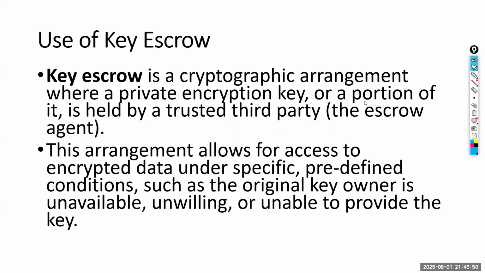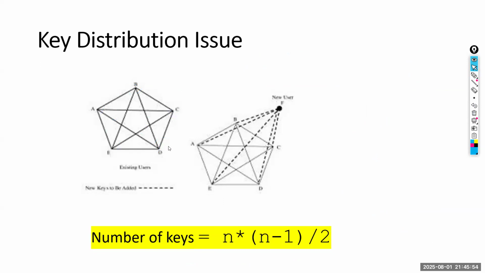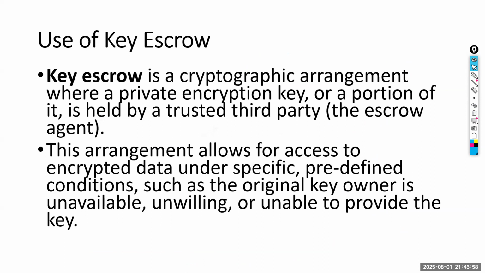Okay. And another solution is, of course, this is not a solution, this is a problem. When it comes to distribution of the key, we can use a key escrow. Right? It's a key distribution mechanism. But again, that is not a perfect solution. Rather than you distributing from your side, you ask your senders to get it from the key escrow, which is a trusted third party to keep your key.